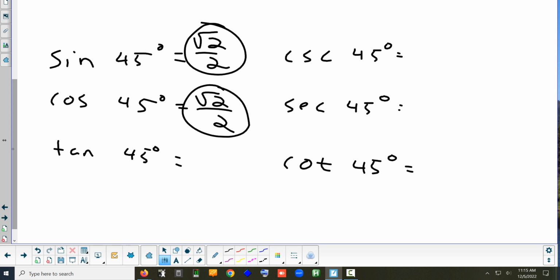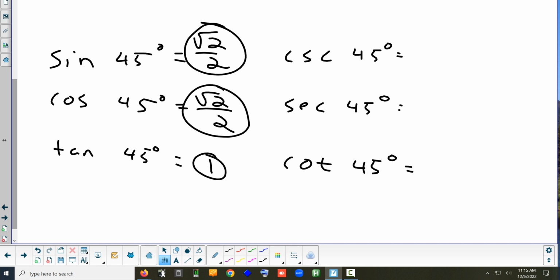Is that like 2 root 2 over 2, or no? Well, you're dividing y and x, right? Oh wait, wouldn't it just be one because you're dividing something by itself? Y and x are the same thing. Yep. So yeah, don't overthink it, right? So you don't have to really do anything fancy there. It's just 1. So let's do the cotangent while we're right here.